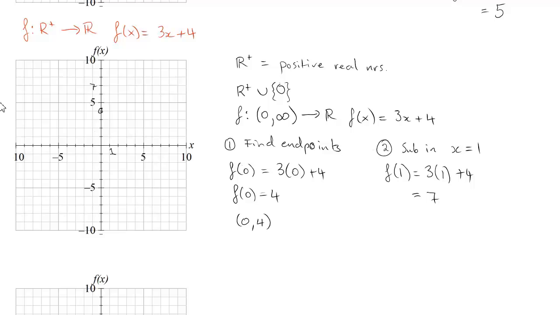So 7's right there. So those are our 2 points. And now we've pretty much finished the problem. We just need to use a, okay, not a very good graph there.